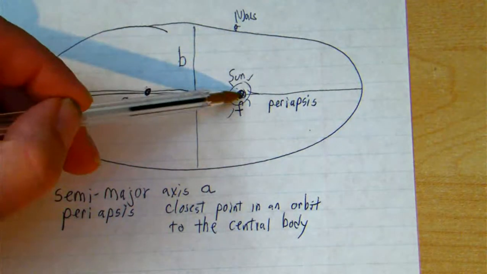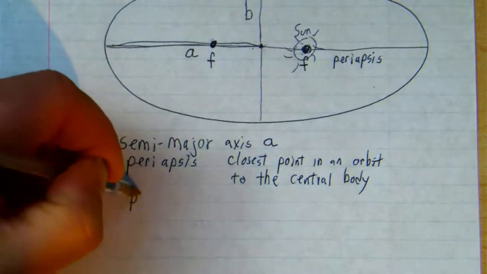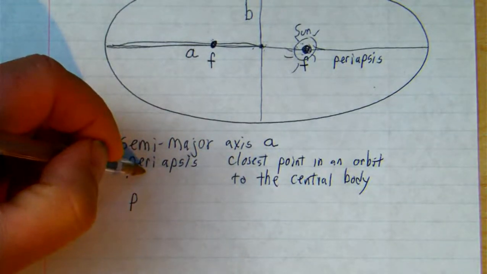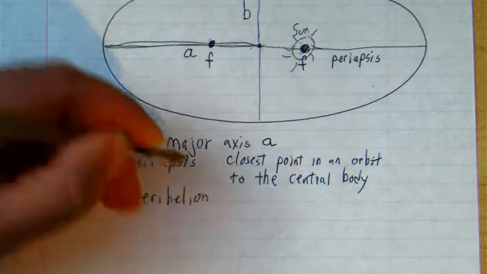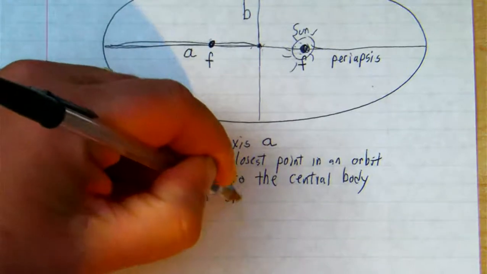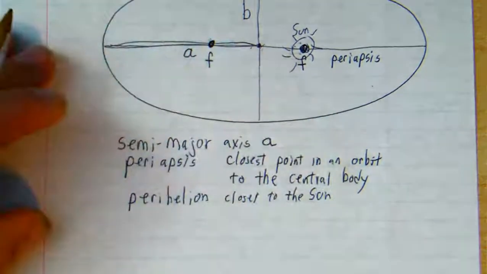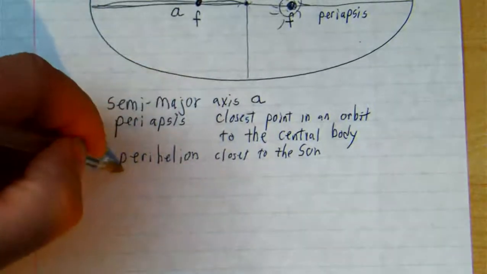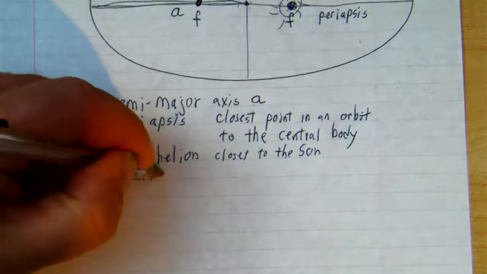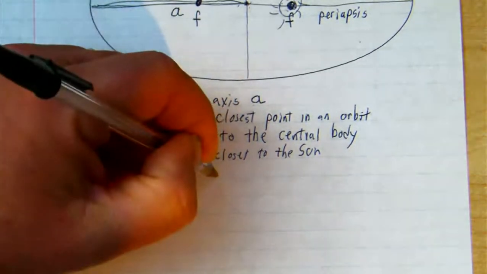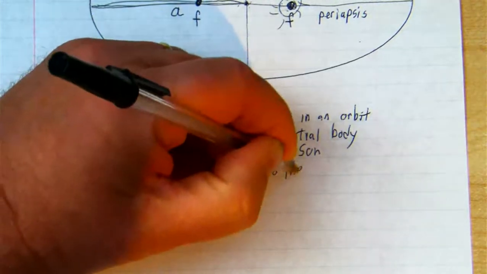When the sun is the central body, then this is called perihelion, which means closest to the sun. When the central body is the Earth, we call it perigee, means closest to the Earth.